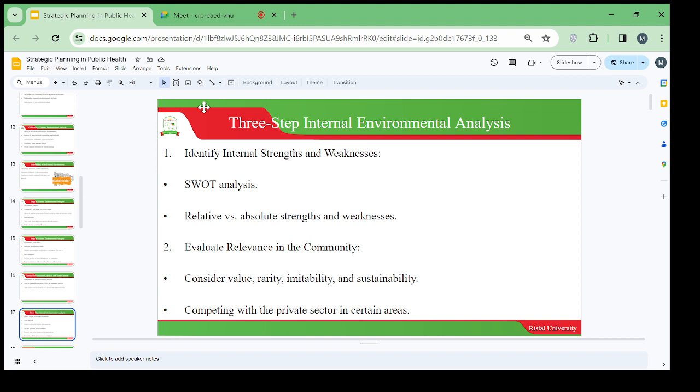The difference, and I want you to notice this, is that you can have a public health organization that is running like a private sector organization. What does this mean? It means you have a public health organization that is doing business.